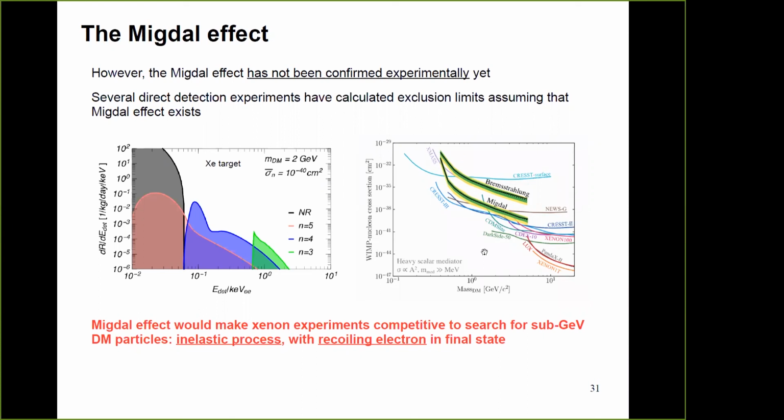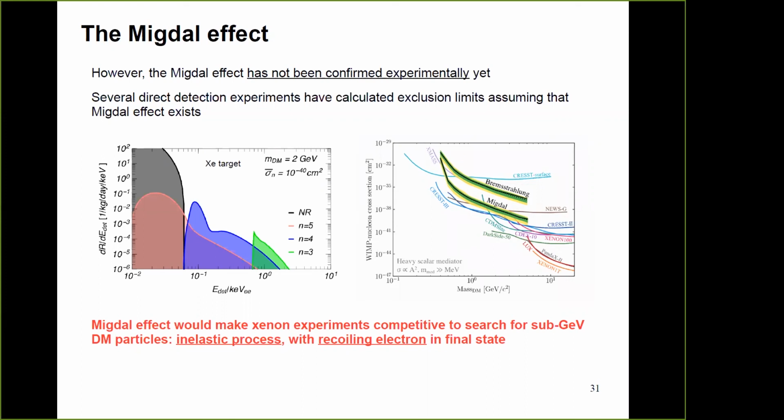CDMS will have, I think, a complementary reach because it will explore this part here. But this region here, below 0.5 GeV, can still be explored with the Migdal effect in xenon detectors.